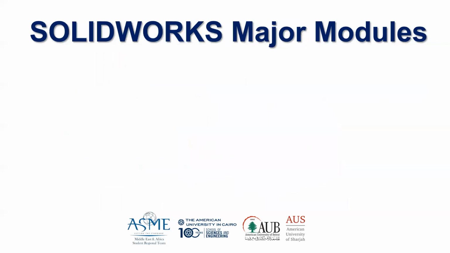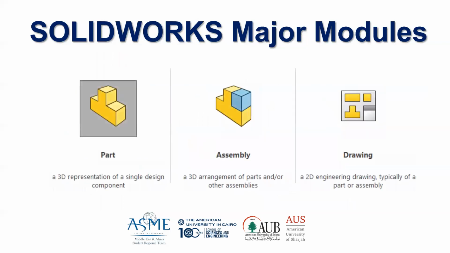In SolidWorks, we have major modules here. We can do a single part or single component. We can do a mechanical assembly, or a rigid assembly. So let's say you have a product with some functions and different mechanisms inside it. You can develop the interaction between different components to develop an assembly of the product you want, okay?